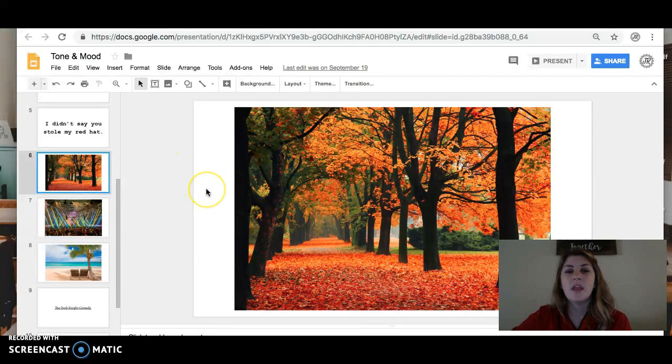But then we also had some that were like, no, it looks cold and it's probably wet and the leaves are going to stick to my feet. That just doesn't look calming or peaceful at all to me. It's kind of lonely. So we came up with some different tones and moods just from our different perspectives on how we describe this picture.